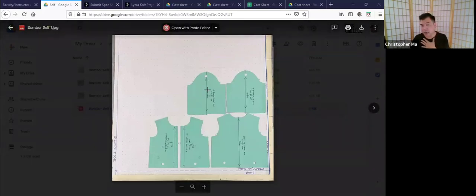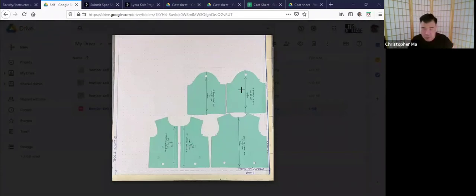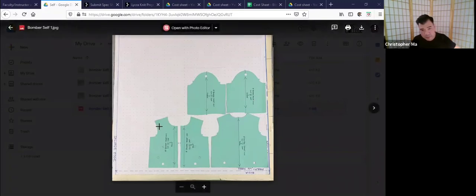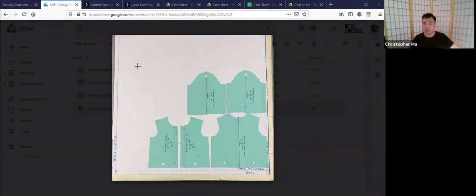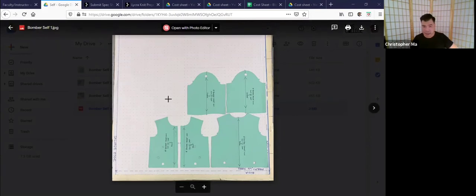So if I lay it down, I cannot put one here. It doesn't fit. So this is the way I lay it down, one directional marker. That's all I see, right? But what happened to all this fabric? We can't just let it empty out, right?